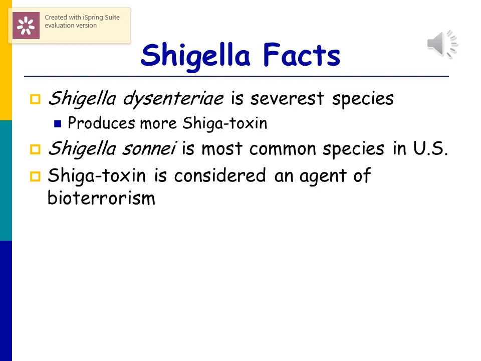So Shigella dysenteriae, if you remember, is the most severe species because it produces higher levels of Shiga toxin, and Shigella sonnei is the most common species that causes foodborne infection in the United States. And Shiga toxin is such a potent toxin that it is considered an agent of bioterrorism.